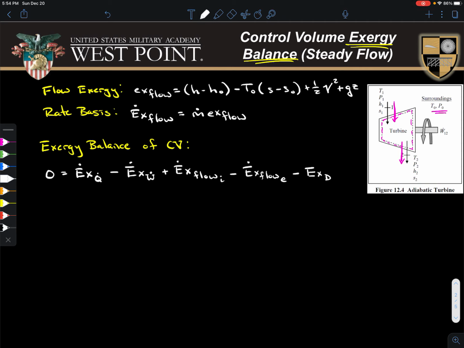And then last, our rate of exergy destruction. So we would define these four as exergy transfers, and then this last one would be our exergy destroyed.